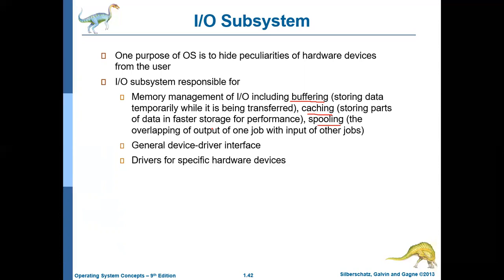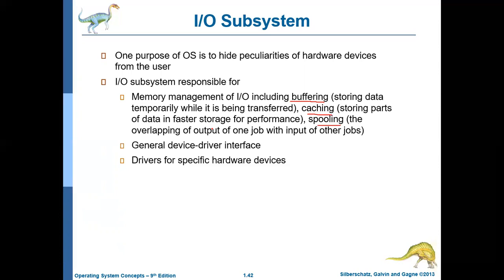This buffer mechanism may vary from one hardware device to another, and the operating system is the one which manages these buffers. Similarly, these devices may also have some cache memory for temporary storage. For example, a printer cannot go back to main memory to access content, so it will also maintain some cache memory. Similarly, there is something called spooling. The output of one job may be the input for another job.